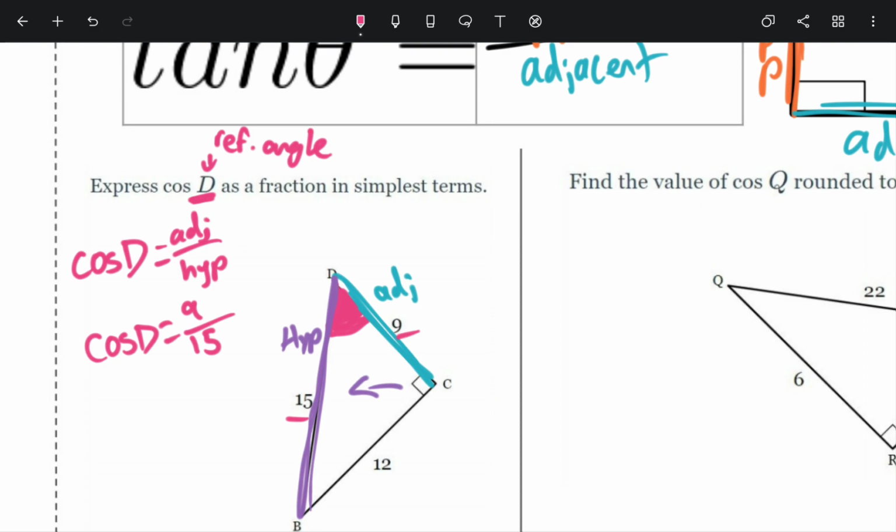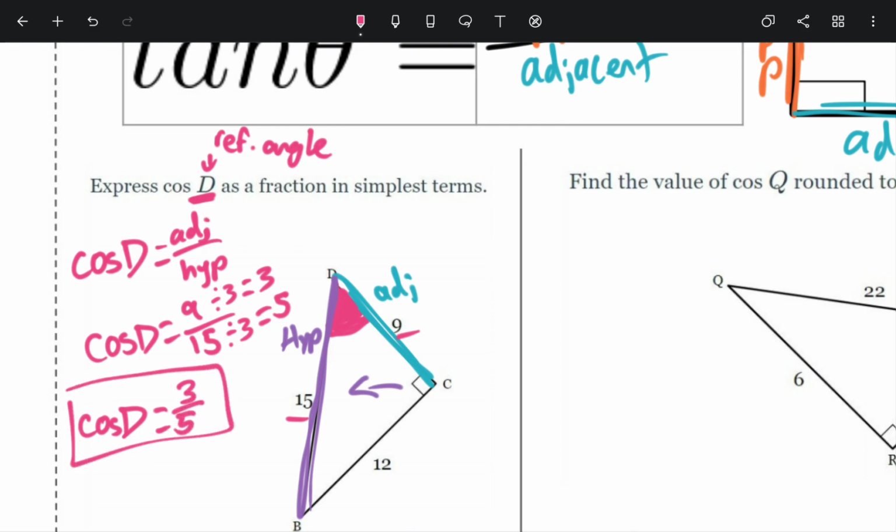I see 9 and 15 are both divisible by 3. So I'm going to do that. So cosine of angle D equals 9 divided by 3 is 3, 15 divided by 3 is 5. So cosine of angle D is 3 over 5. And now we are done.